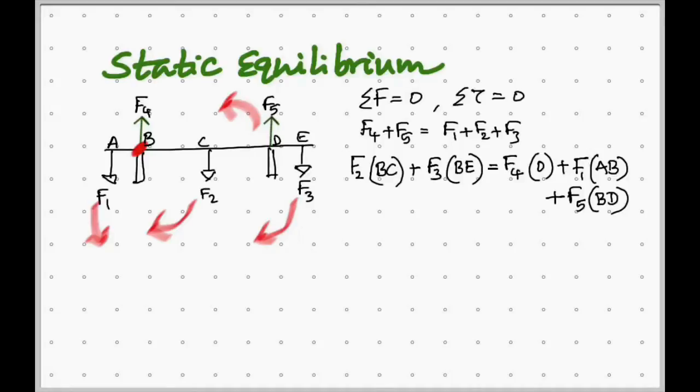And then after that, it's math. You have two equations. From this one, you're going to get one of the forces, then plug it back into the other equation, you will get it.